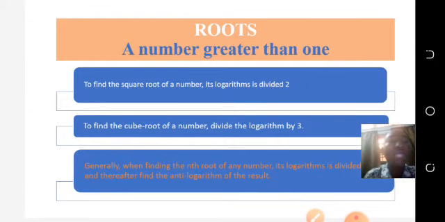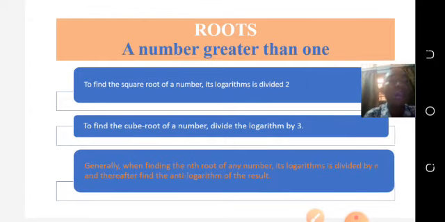So what is the process to find the root of those numbers that are greater than 1? For instance, to find the square root of a number, you are going to find the logarithm of that value and divide the result by 2. Why?